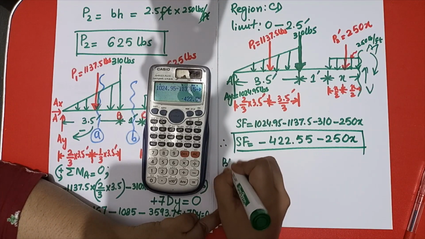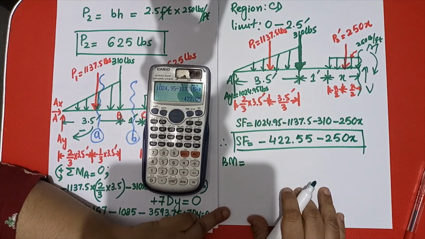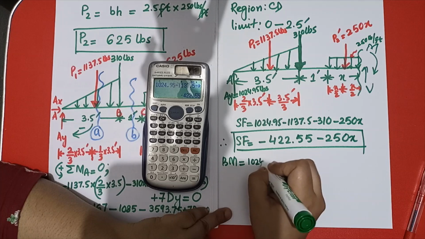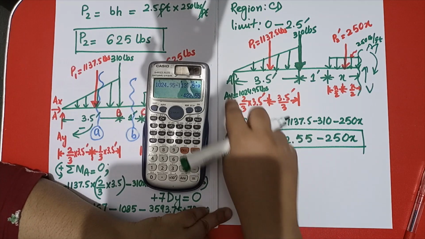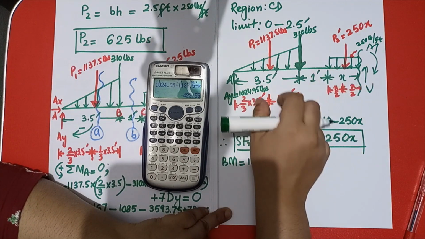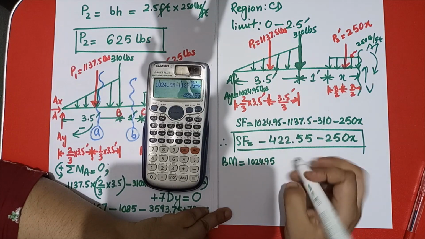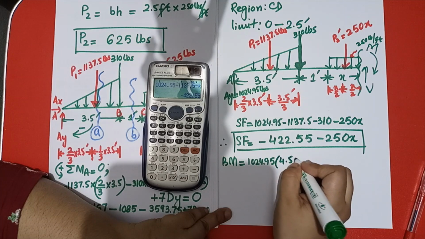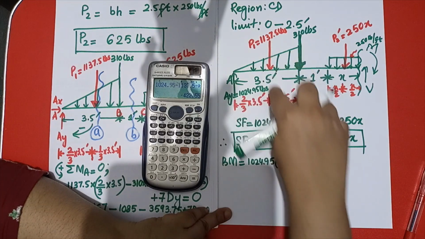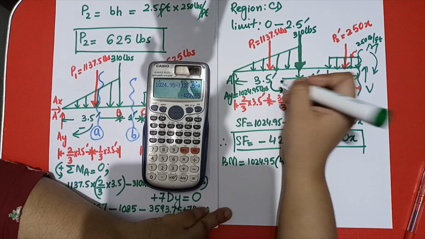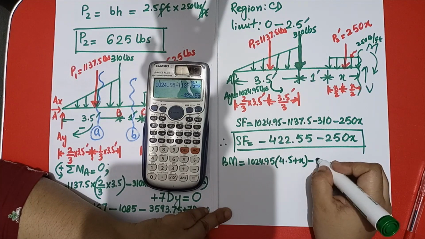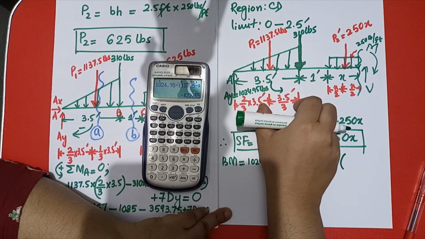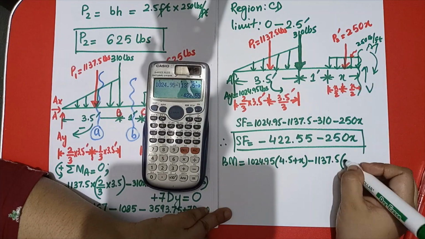Now I am moving towards the bending moment equation. Okay, for the bending moment equation, what we have to do, 1024.95. It is upward force and it should multiply by 3.5 plus 1 plus x. So 3.5 plus 1 will be 4.5 plus x. This will rotate like this, so it should be negative, and it will be 1137.5 multiplied by 3.5 divided by 3 plus 1 plus x.